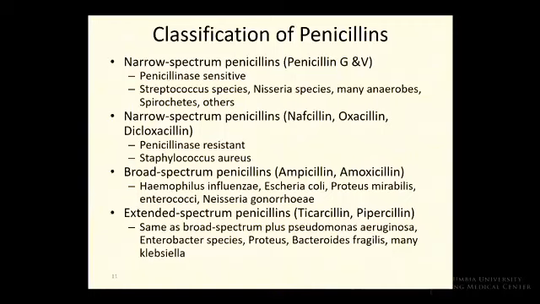And so there are lots of organisms that are frequently treated with these broad-spectrum penicillins. And then you have something called extended spectrum penicillins. So they're broad spectrum, but then their spectrum has actually been broadened even further. Okay? So not only can they be used to treat any of the organisms in the broad spectrum, they can also be used to treat things like Pseudomonas aeruginosa, otherwise known as what causes hot tub rash.